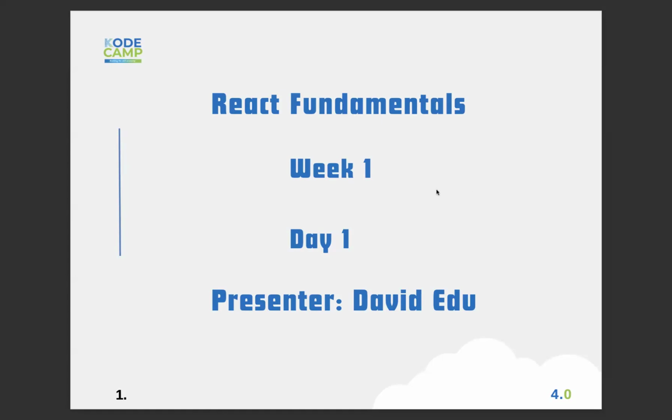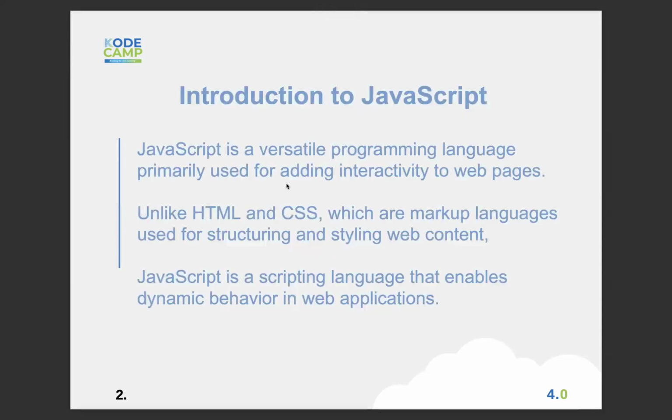Okay, that's enough. So yeah, you guys are actually spot on. JavaScript is a programming language, of course, and it's used to enhance the user interface of an application or a web app.